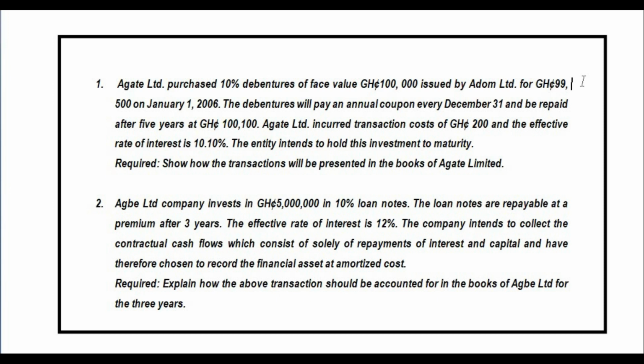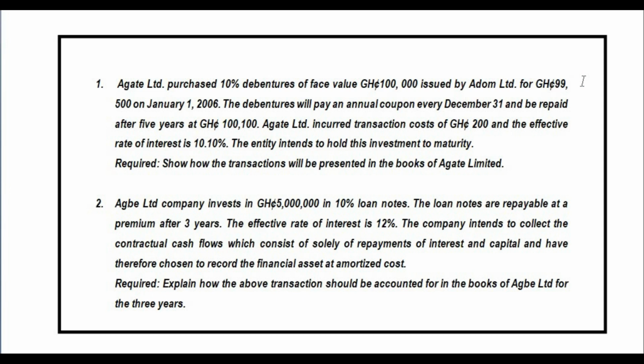The difference between 100,000 and 99,500 is 500, which means that Adom Limited discounted the financial asset to Agate Limited. Right.